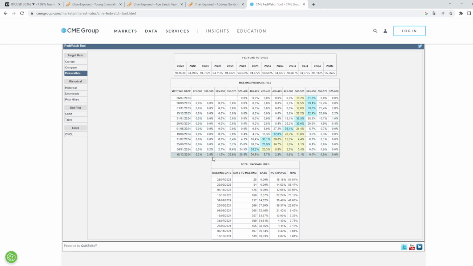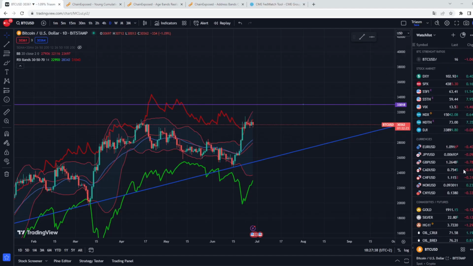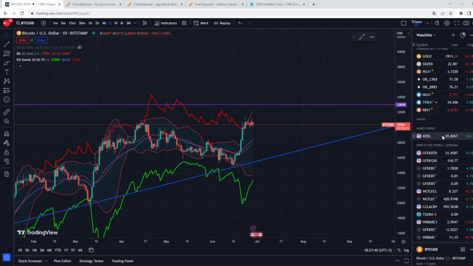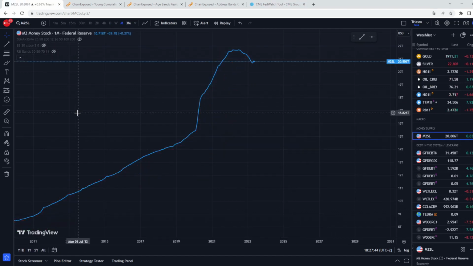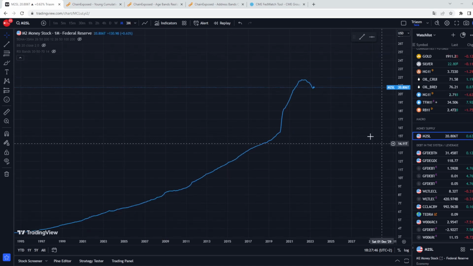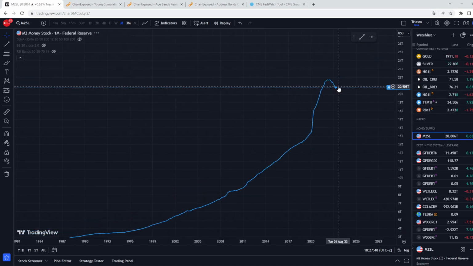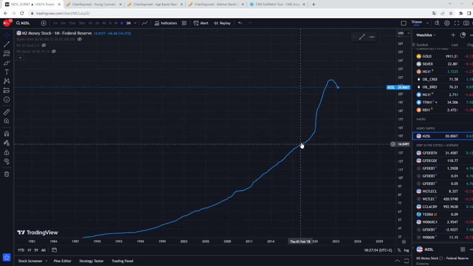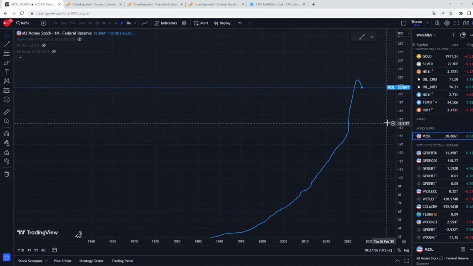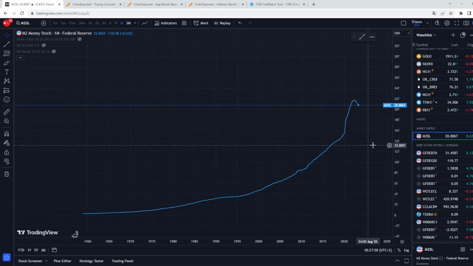Essentially it is quantitative easing, because it's the only way we can pump the economy with this amount, for example, of money supply in circulation. As of right now, we have reached an amount of money supply that we've never reached before. Even if we had a little bit of a drawdown from interest rates getting higher, we have never reached so high in so much time. So this is what I can expect.